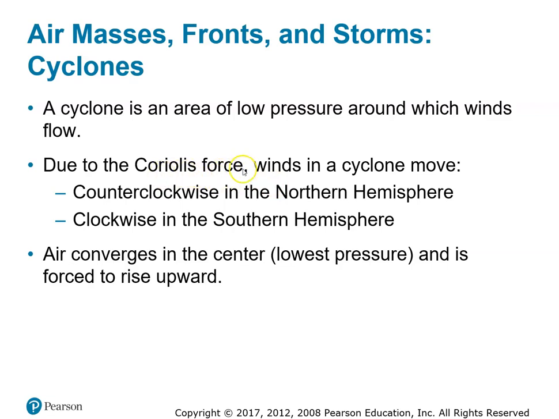Remember, that's a force that occurs just because our planet is spinning, so in the northern hemisphere, these cyclones will go counterclockwise. In the southern hemisphere, they'll go clockwise. The air converges at the center, which is the area of low pressure.